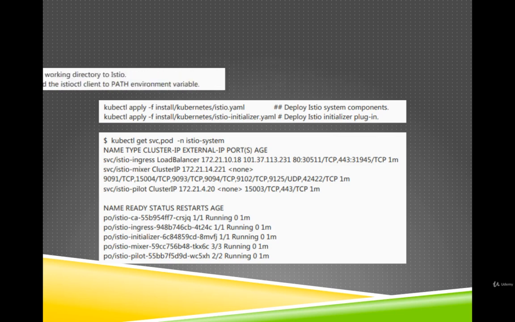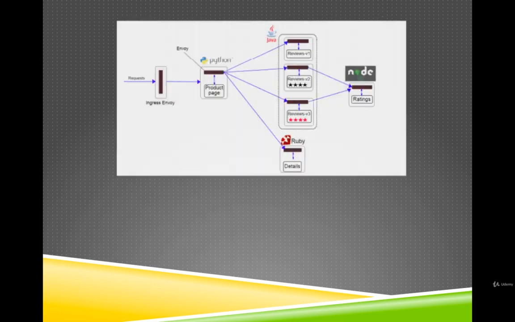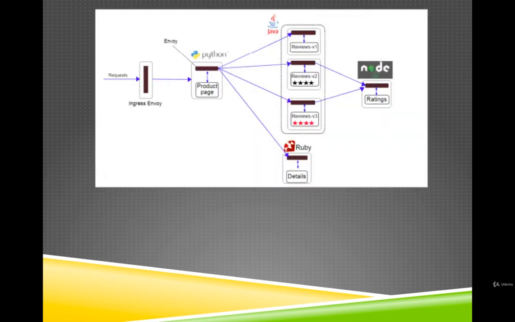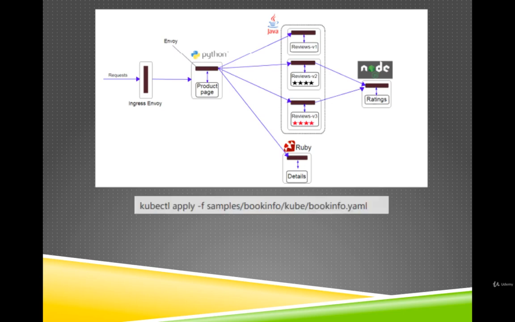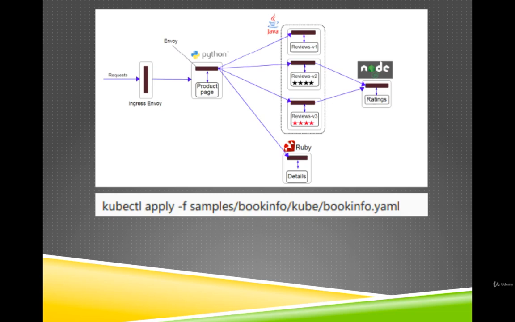As you can see on the screen in the figure. Now run the following command to deploy and test the application Bookinfo. As you can see on the screen, in the Alibaba Cloud Kubernetes cluster environment, every cluster has been configured with the server load balancer and ingress.